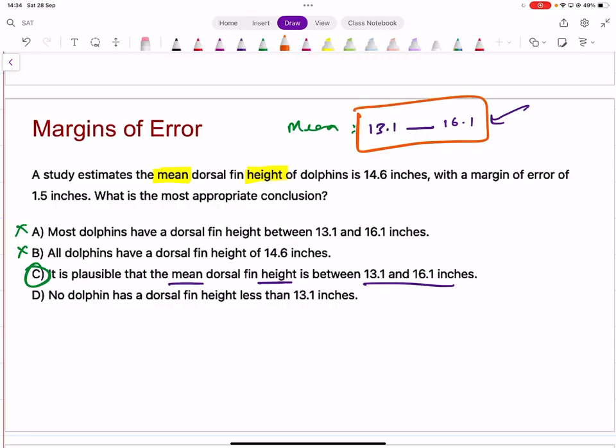We are saying it's likely to be within this interval, but there is a small chance that it goes outside. So we can't say no dolphin has a height beyond this. And in any case, we are talking about the mean. So even if the mean is within this interval, it is possible that some dolphin has a height beyond this interval. Is that okay? So it's going to be C.